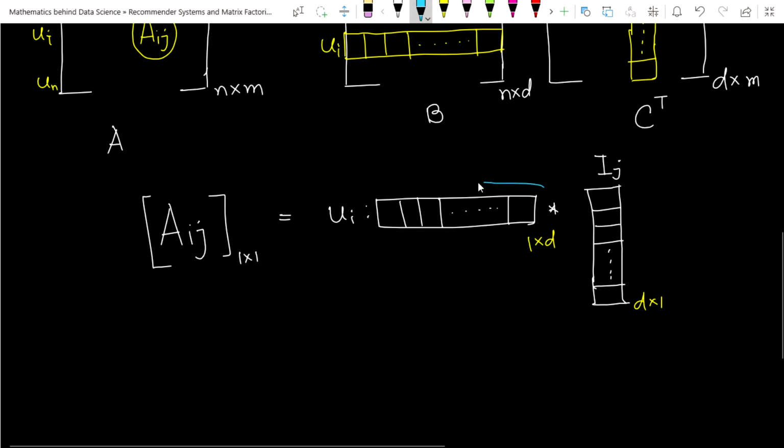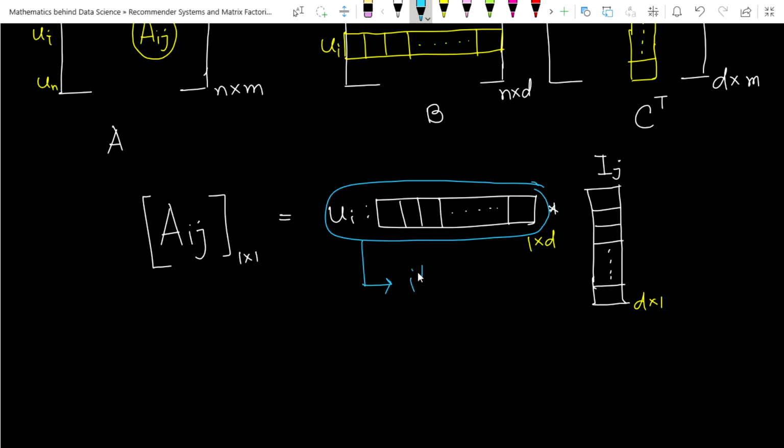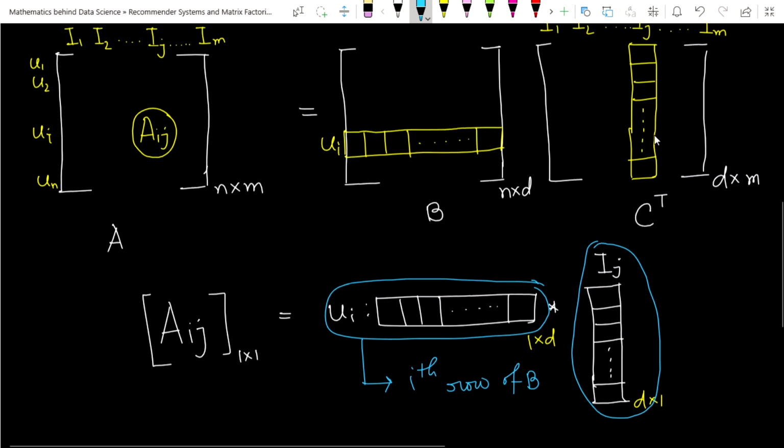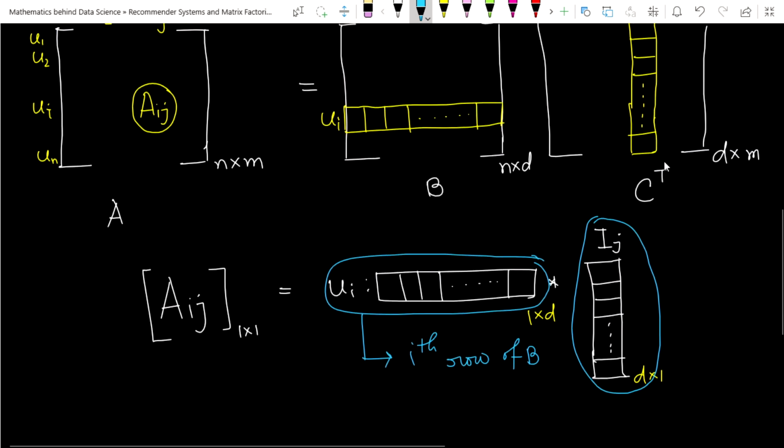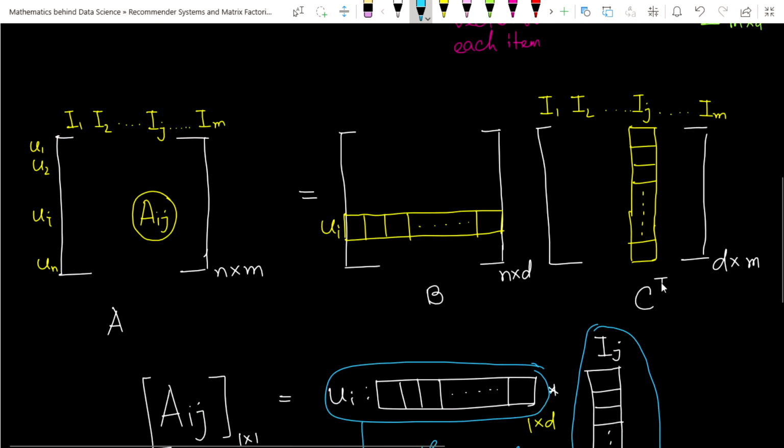These are the ith row of B, and these things are the jth column of C transpose.